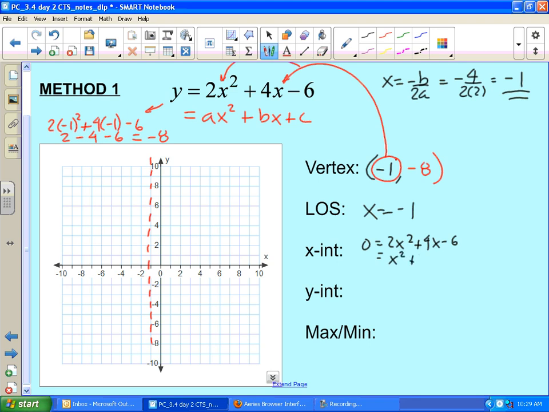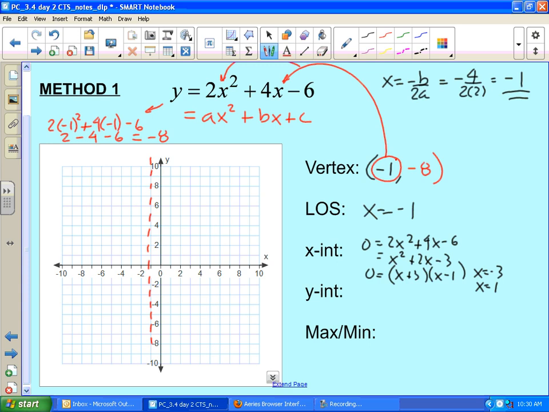You get x squared plus 2x minus 3. And then I factor this, and I get an x plus 3 and an x minus a 1. And this equals 0, which means that my zero product property would tell me that one of my zeros is x equal negative 3, and the other 0, or x-intercept, is x equal 1.